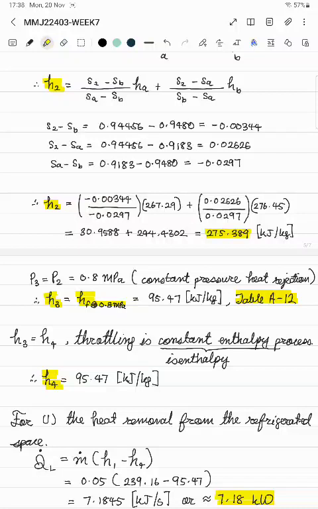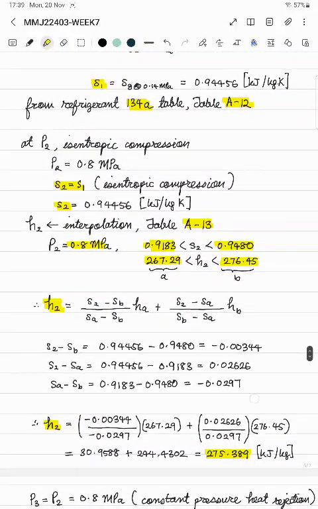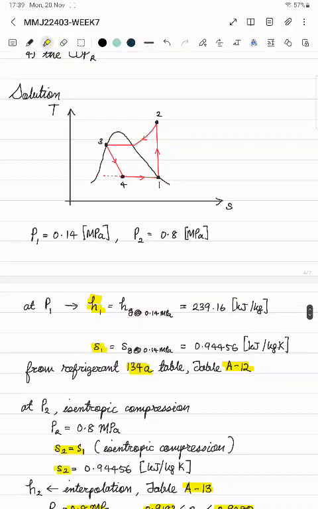So H3 is the enthalpy value reading of fluid at 0.8 megapascal, which is 95.47 kilojoule per kilogram. So at 3, this is already in fluid form.